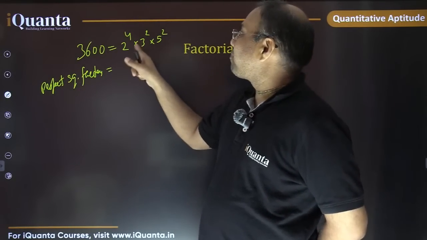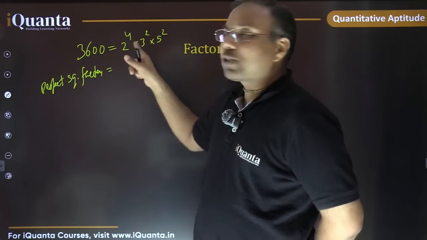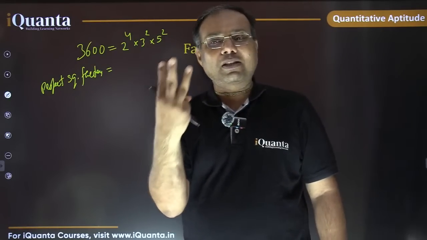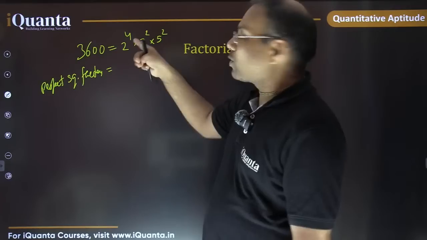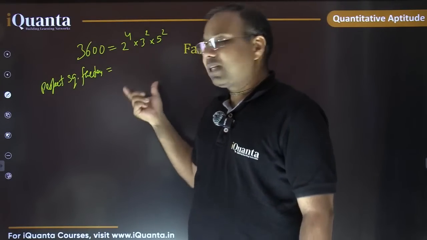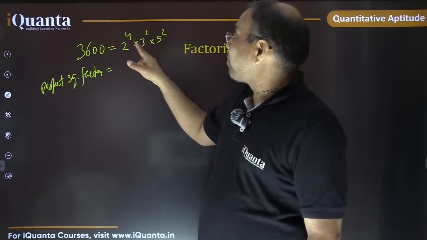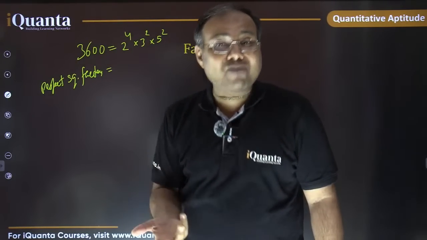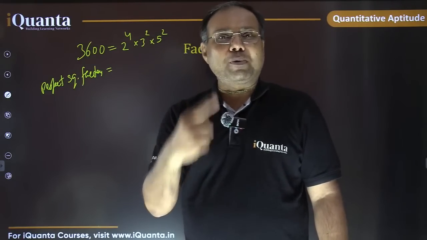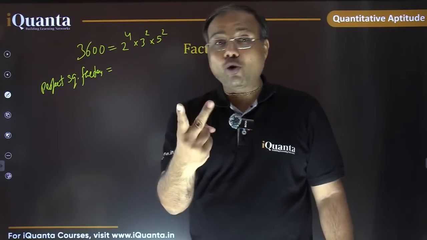So basically the power of the prime number should be even, right? So in case of powers of 2, I can take 2 power 0 or 2 power 2 or 2 power 4. There are 3 possible ways to select powers of 2. To make my factor a perfect square, I need to take the power of each prime number to be even. So for powers of 2, I can take 2 power 0 or 2 power 2 or 2 power 4.